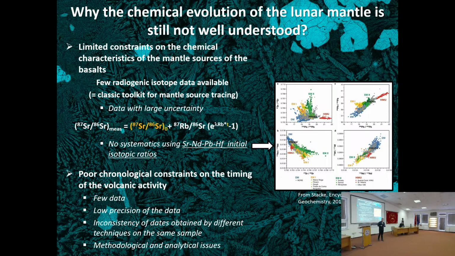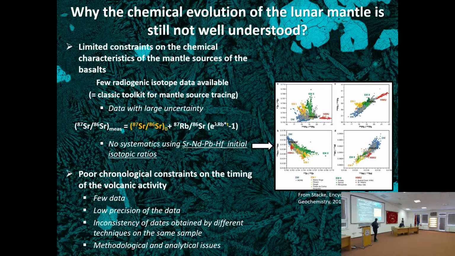And that explains why the chemical evolution of the lunar mantle is still poorly understood. We have limited constraints on the chemical characteristics of the mantle components. We have, in fact, very few radiogenic isotope data.